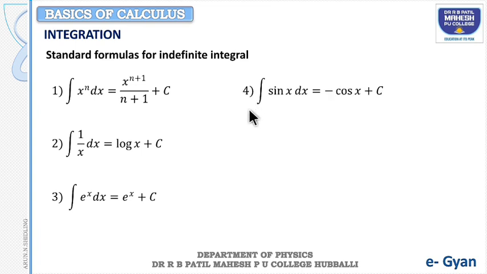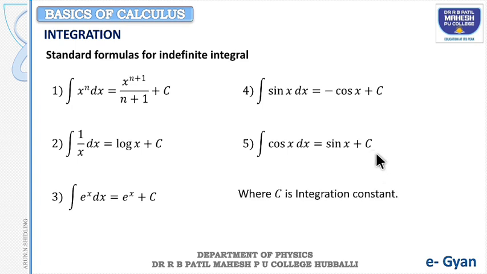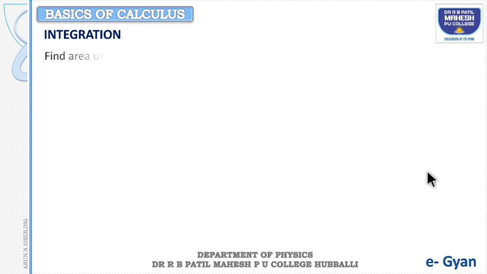Further, integration of sin x dx will be minus cos x plus c. Lastly, integration of cos x dx will be equal to sin x plus c, and at every point c is the integration constant. Now let us move ahead and try to understand one problem on this.